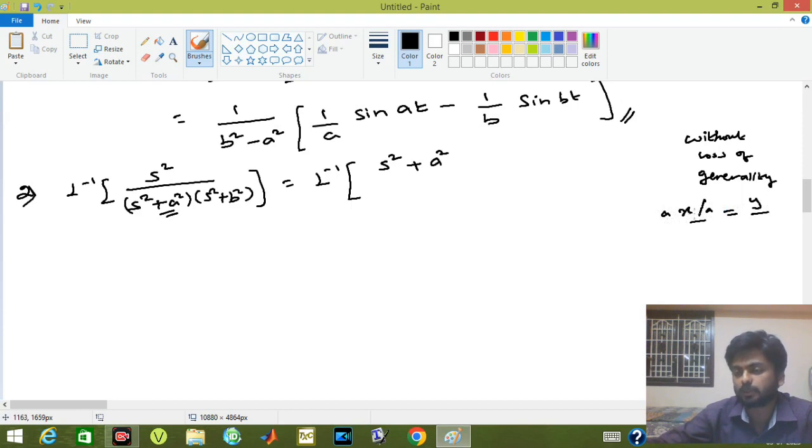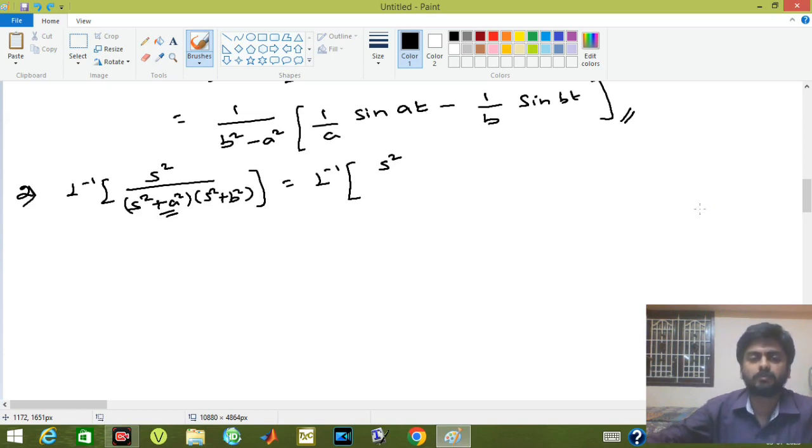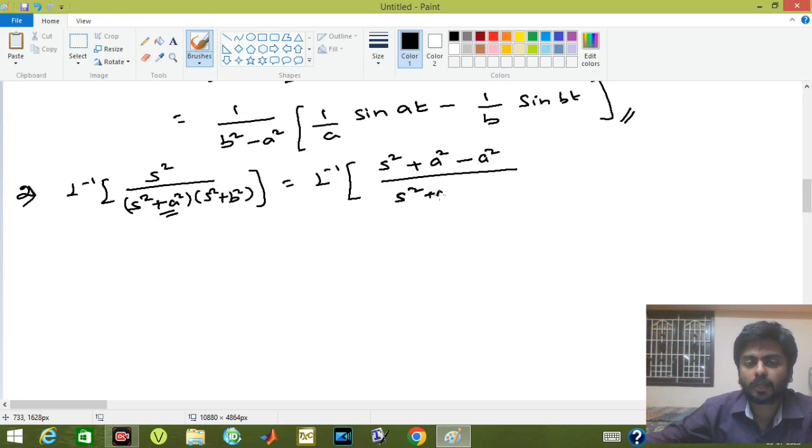So that is called without loss of generality. So I am adding s square plus a square. If I add s square plus a square, I have to subtract a square, divided by s square plus a square into s square plus b square.